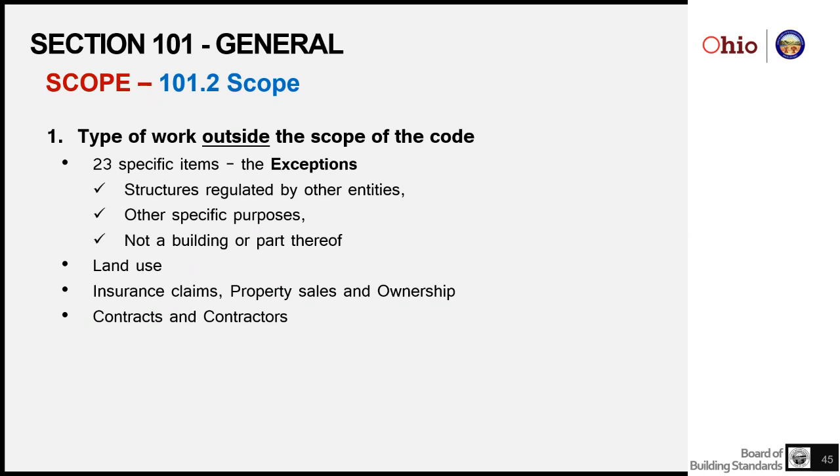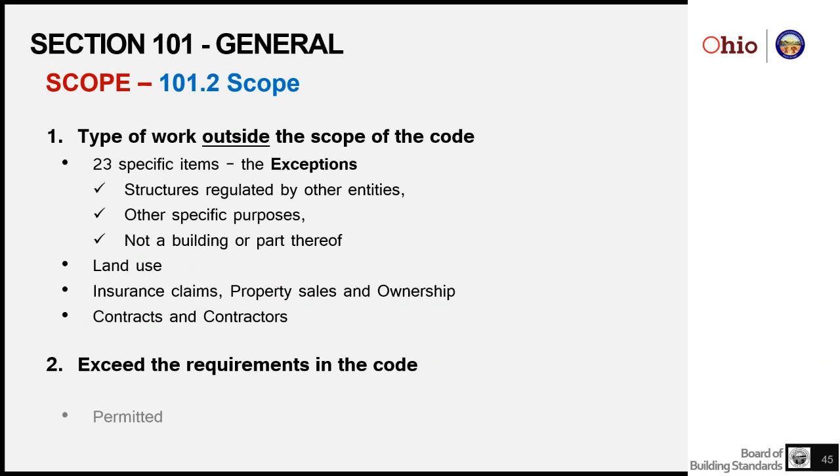Now, on commercial work, there are agencies that do have regulation over some contracts and contractors about who performs the work. We often refer to OCILB, the Ohio Construction Industry Licensing Board, for some trades.